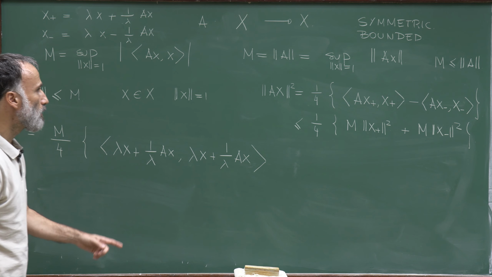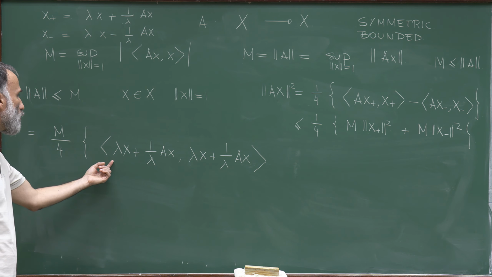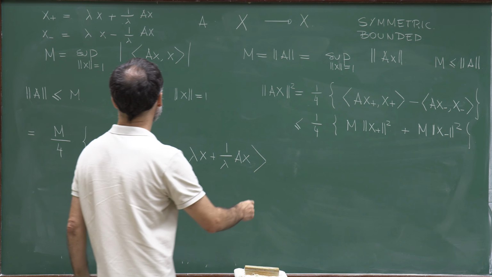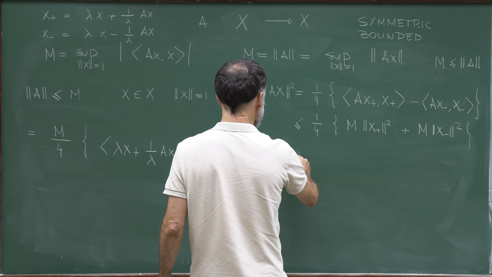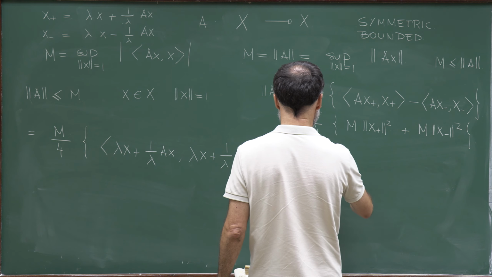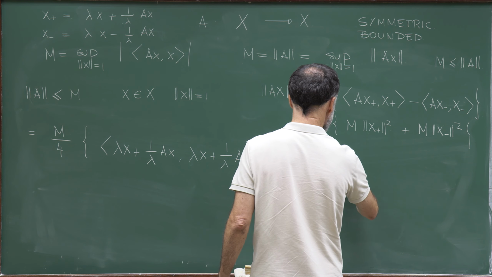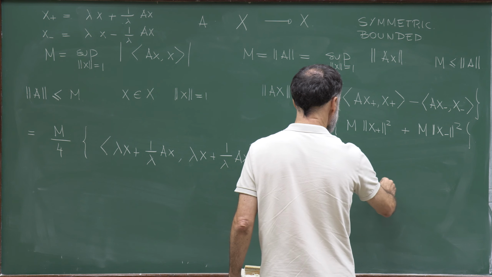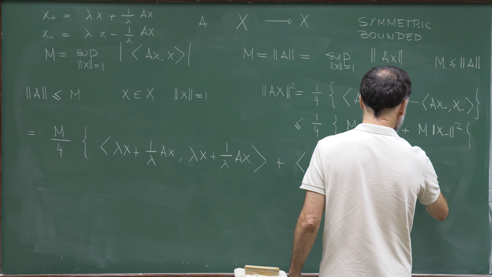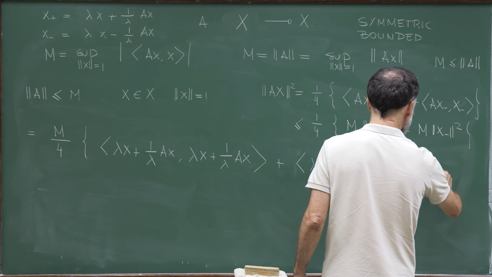So this is the square of the norm of x plus. The same thing for x minus. So this is lambda x minus 1 over lambda ax, lambda x minus 1 over lambda ax.